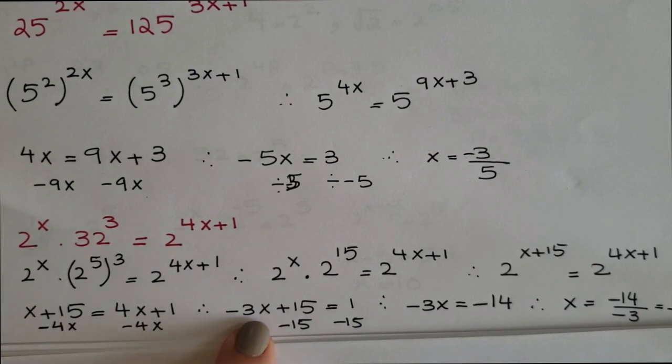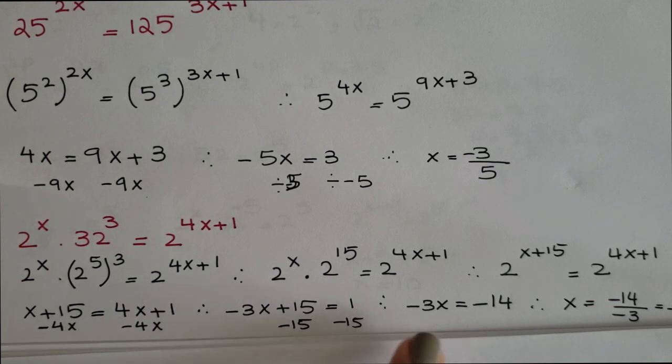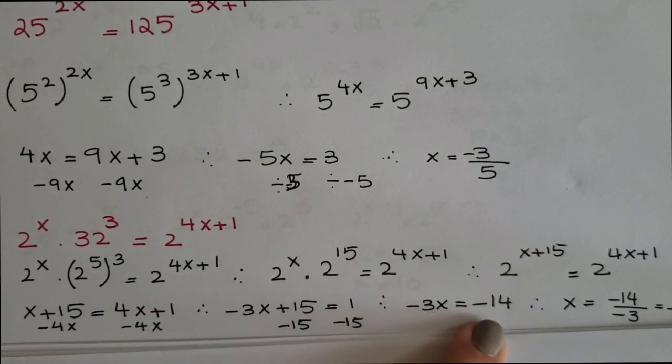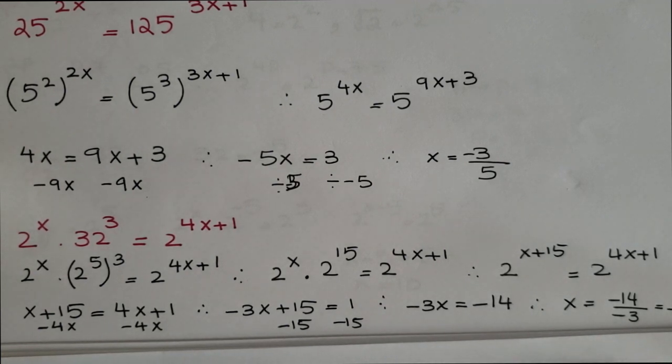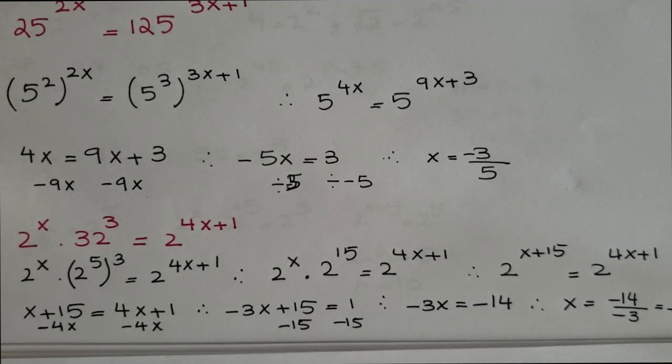Now I want to isolate the x, so I add negative 15 to both sides. Then it would turn into negative 3 times x equals negative 14. To isolate the x completely, I have to divide both sides by negative 3, so the answer would be negative 14 over negative 3, which in its simplest form would be 14 divided by 3.